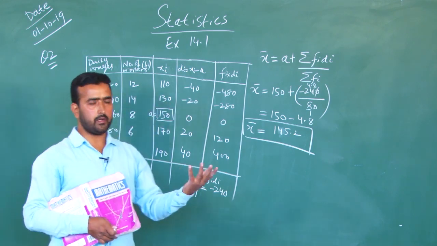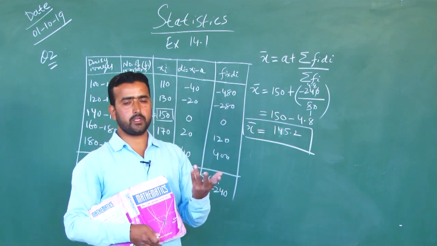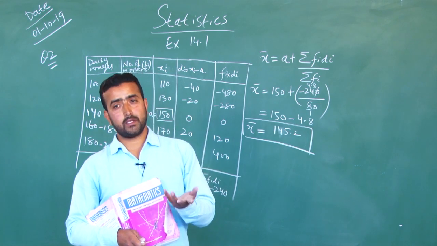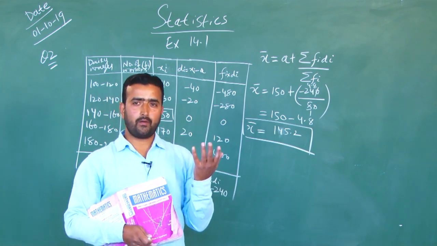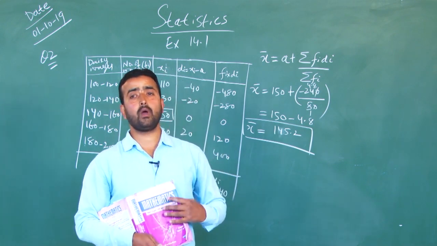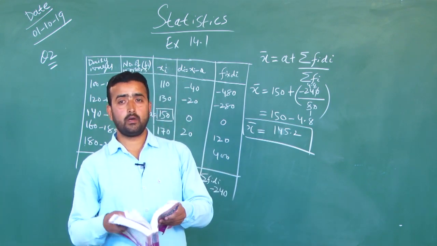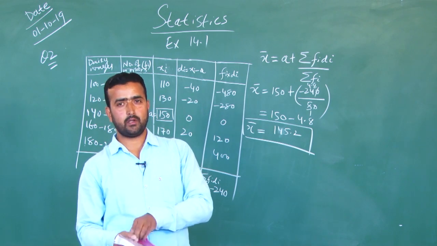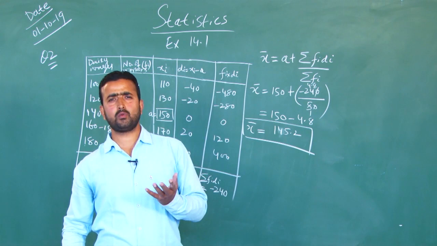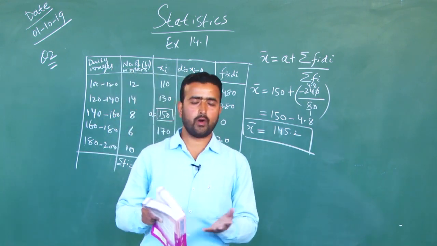Now let us see the third one that we discussed earlier, that is known as the step deviation method. Same data values. As we earlier discussed, why we are using the direct method, assumed mean, and the step deviation method: if the data values are smaller, we can go for the direct method.